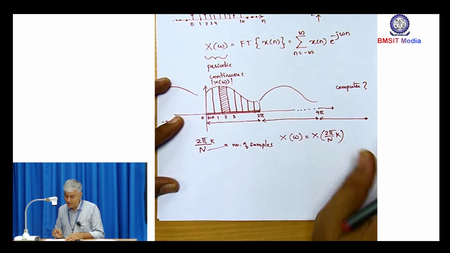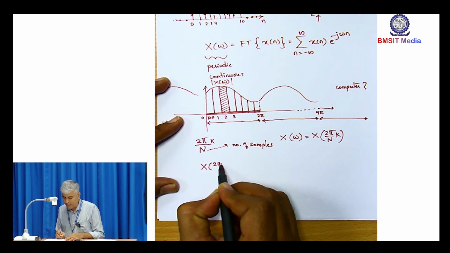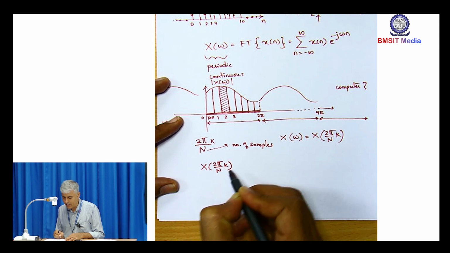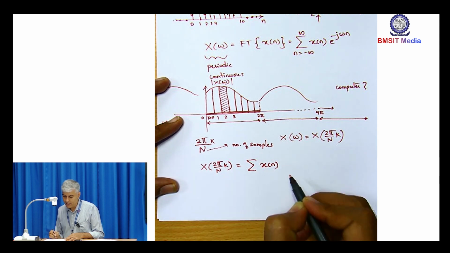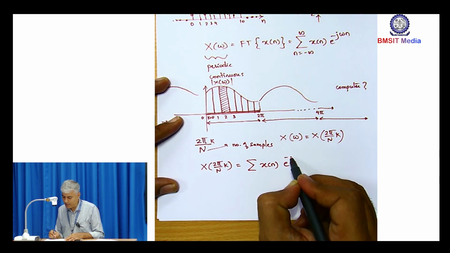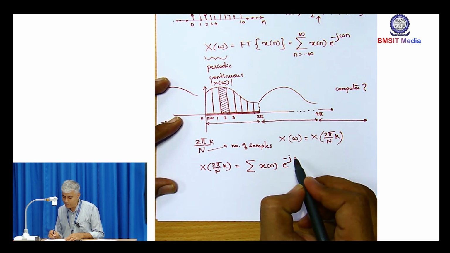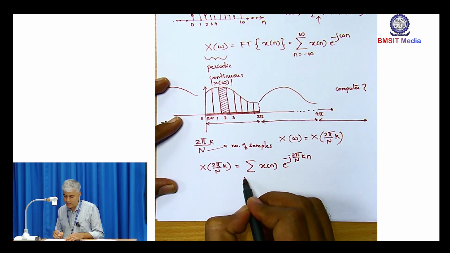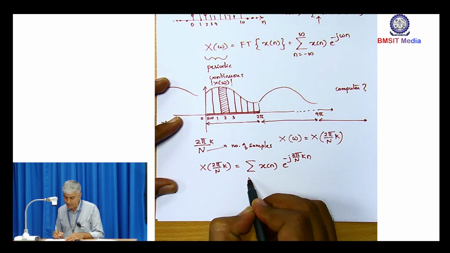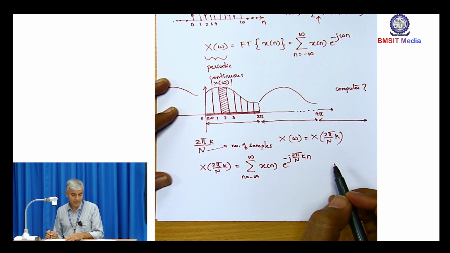So now I will write the expression as X of 2 pi by N k as summation x of n e raised to minus j, all things are as it is, except that this omega will now be replaced as 2 pi by N k into n. And again this range of n is from minus infinity to plus infinity.